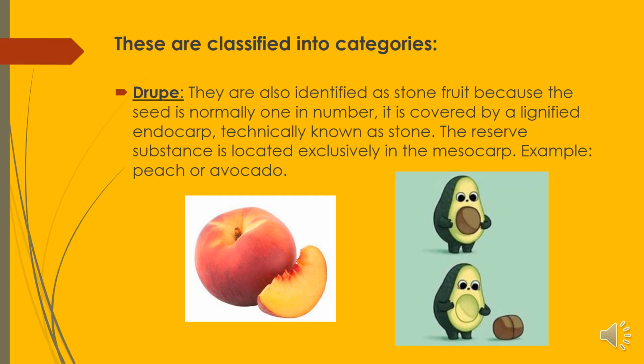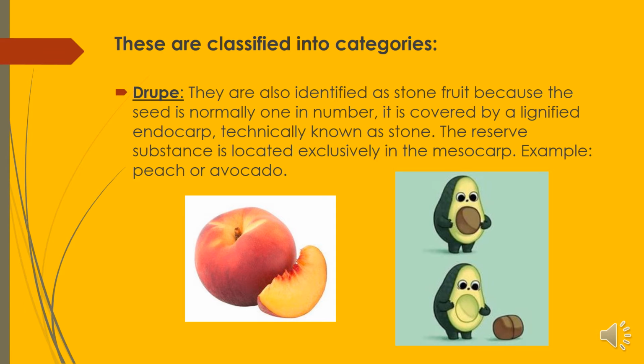The drupe, also identified as stone fruit, usually has one seed. It is covered by a lignified endocarp, technically known as stone. The reserve substance is located exclusively in the mesocarp. Example, the peach or avocado.